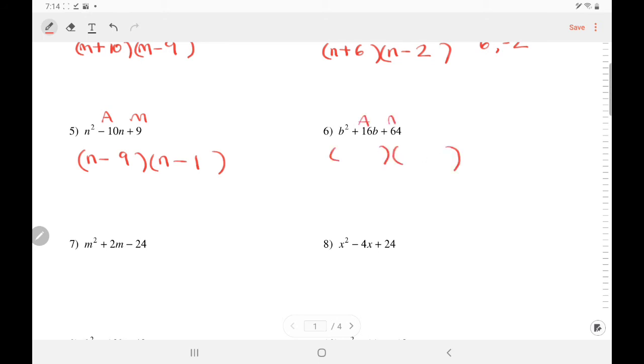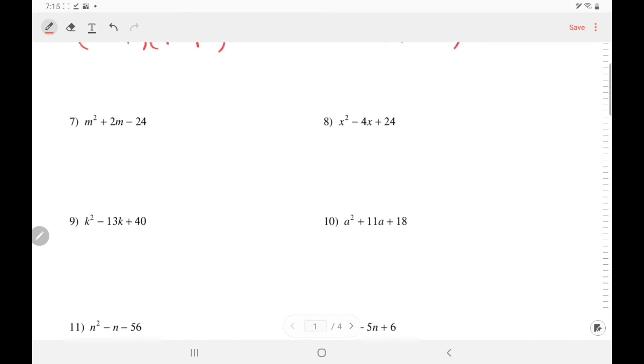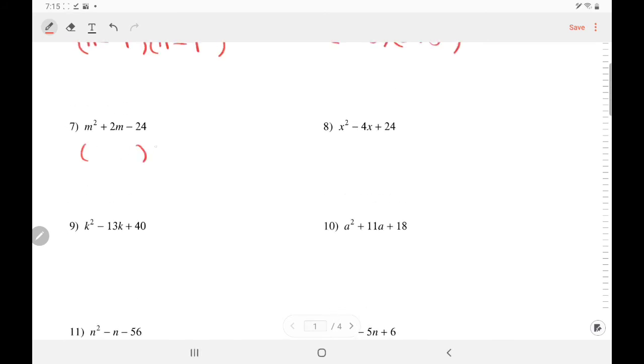Add, multiply. B and b. They're both positive, so it's a double positive. 8 times 8 is 64, and they add up to positive 16. Let's try number 7. M times m is m squared.